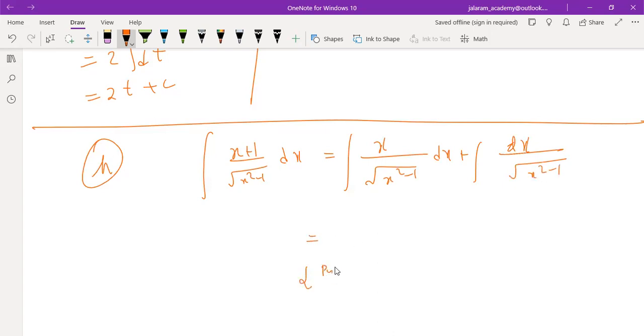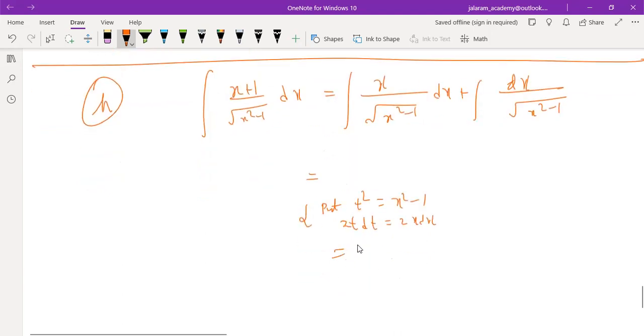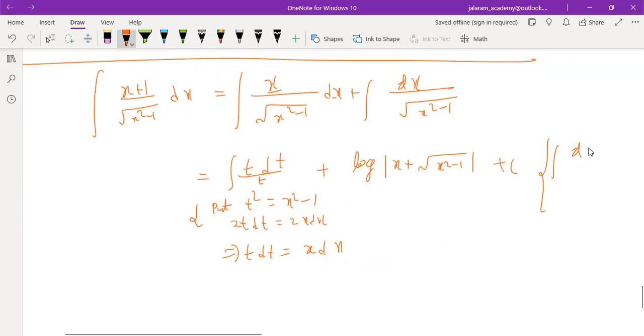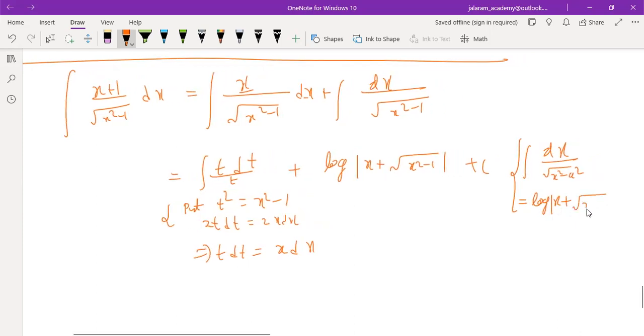Now for the first integrand, if you put t square equals x square minus 1, it gives 2t dt equals 2x dx. Is that clear to you? So 2 cancels out, that is t dt equals x dx. So in place of x dx, we can write t dt. In the denominator, root x square minus 1 is t only. Plus, this is direct from the formula: dx upon root x square minus a square equals log modulus x plus root x square minus a square plus c.